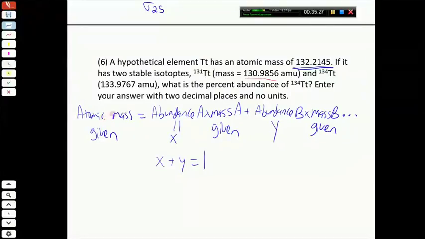So the first equation, which is the atomic mass equation, we're given that the atomic mass is 132.2145. That's equal to the abundance of the first isotope, which I'll call X, multiplied by its mass, which is 130.9856.